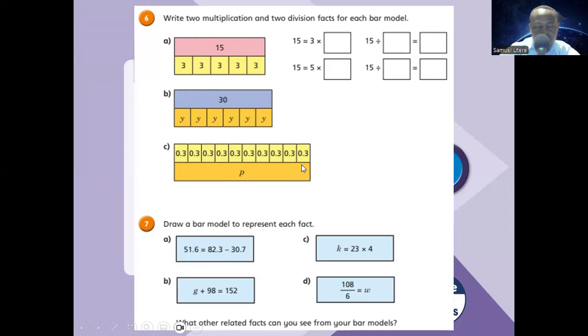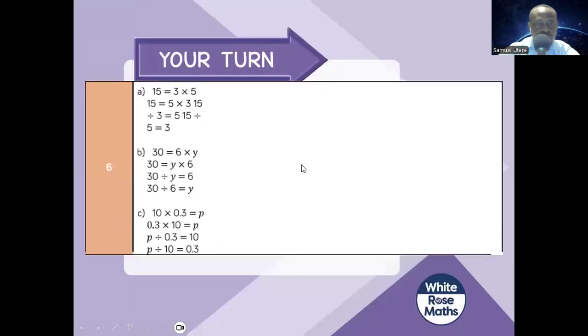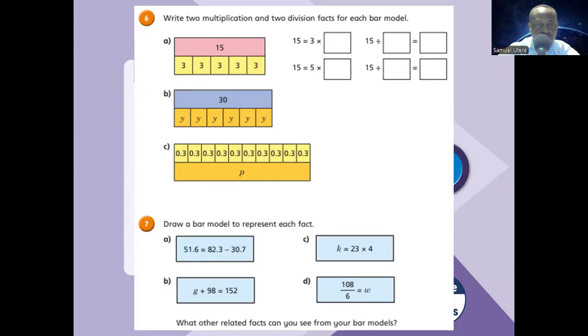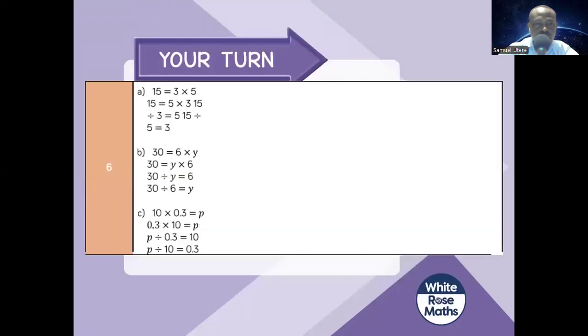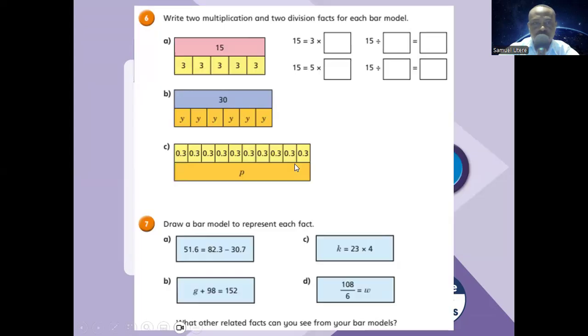Okay, so for this one, question 7, your bar model can look like this. Okay, so you can see here for the question 82.3 minus 30. So you can clearly see the 30 and the 51.6 can be two separate bars while you have a big bar of 82.